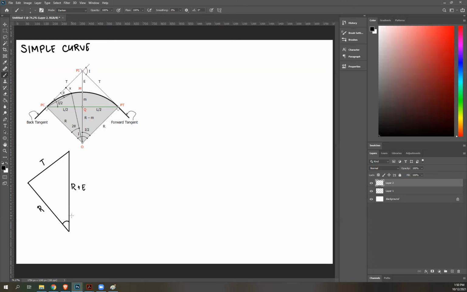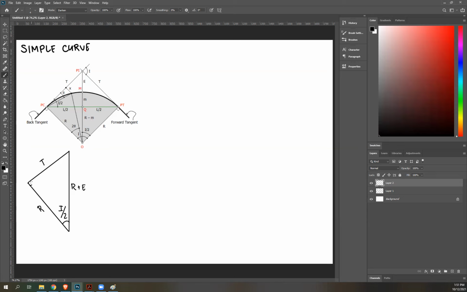To get that, recall this entire thing is also I, right? This line actually bisects your curve and your chord, which also means it's bisecting your angle. Once again, this line passes through Q and M, which bisects your chord, long chord, and curve, which means this also bisects this angle, meaning dividing it into two. Therefore, this angle is just I over 2.